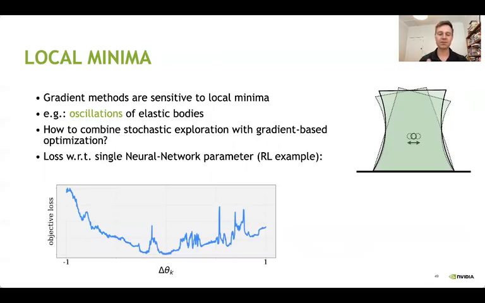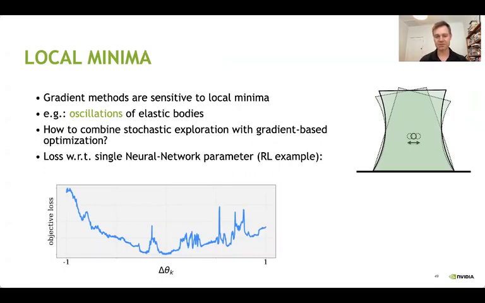The image on the bottom here is from an RL locomotion example, where we were just perturbing one parameter in the neural network and looking at how that changed the loss function within some small epsilon. And you can see just how noisy it was.